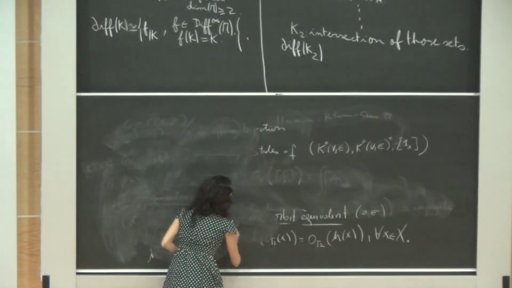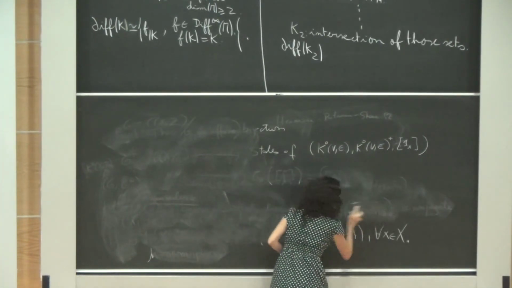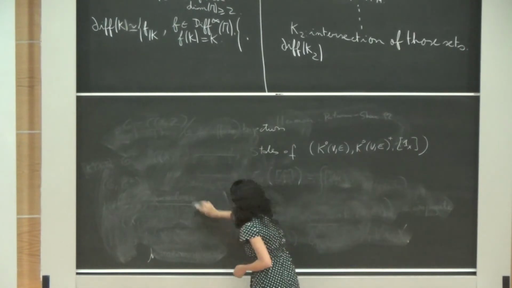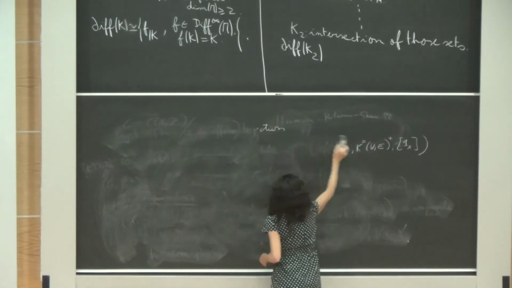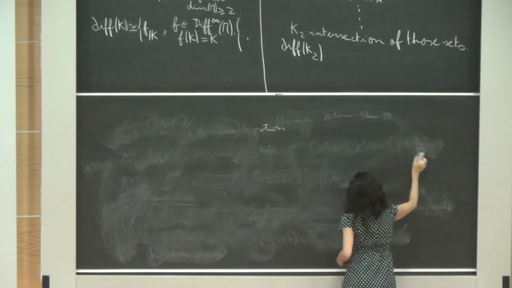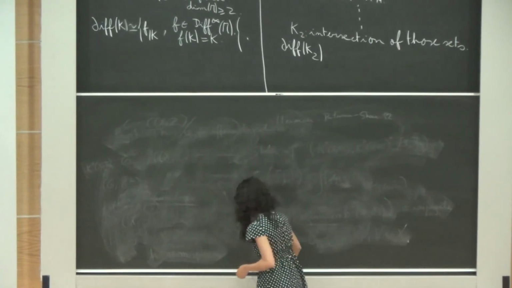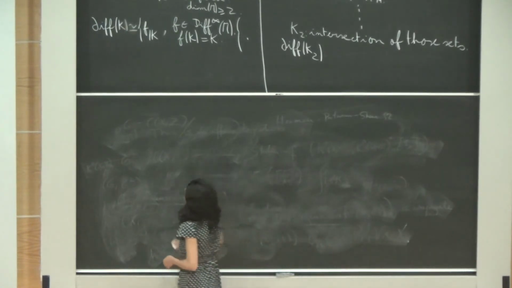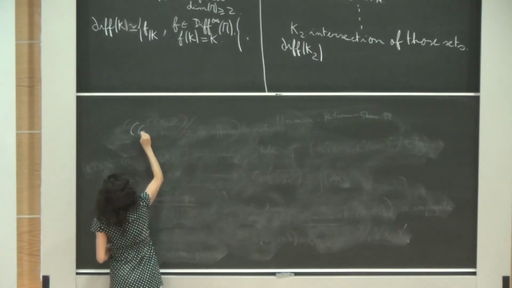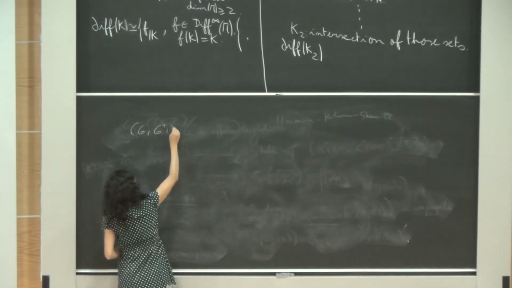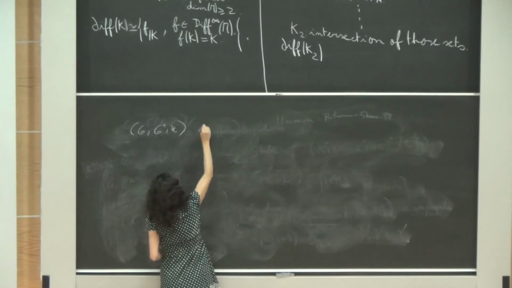Okay, so to have a complete invariant for orbit equivalence, we need to take a quotient of the dimension group. Now suppose that you have a dimension group with unit.